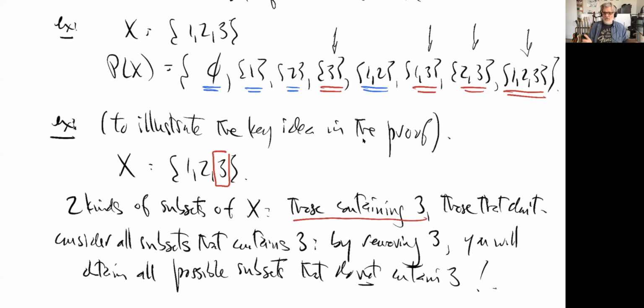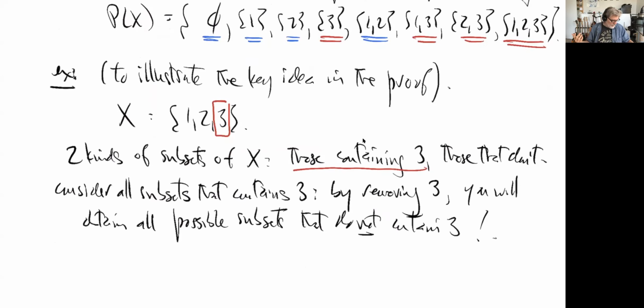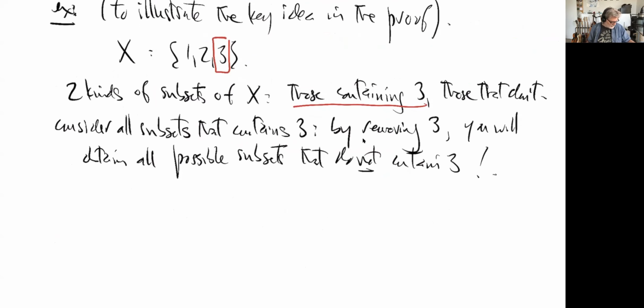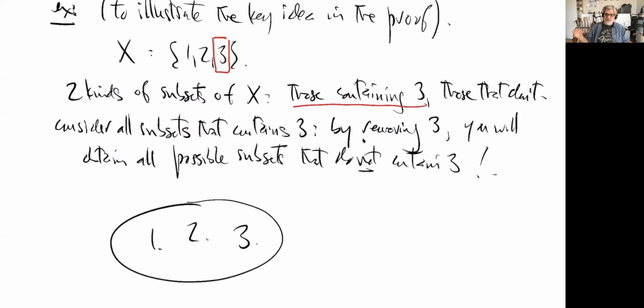Just looking at the example here, you see this is true, but the idea is simple. If you take the set {1, 2, 3}, take any subset that contains 3. How is it built? It's built from a subset of this part, and you add 3. They're all of this form.